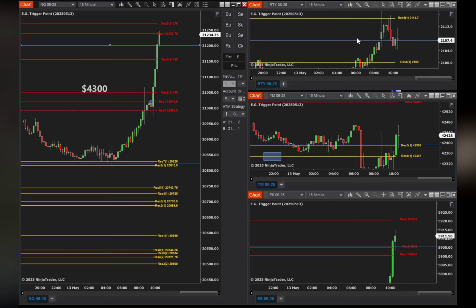Meaning, if I want to go long, I'm looking at RTY, ensuring that RTY is not at resistance, because it's contradicting the long trade I want, right? You will see in many cases that RTY will keep you out of bad trades.